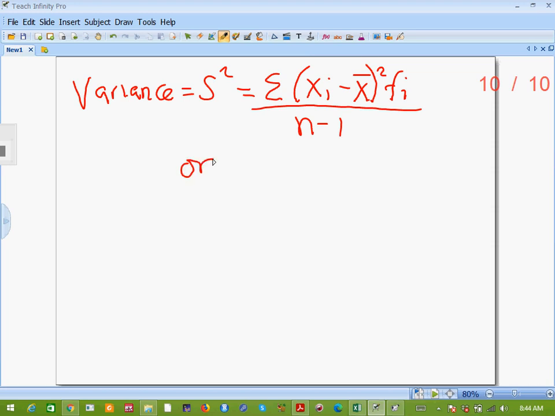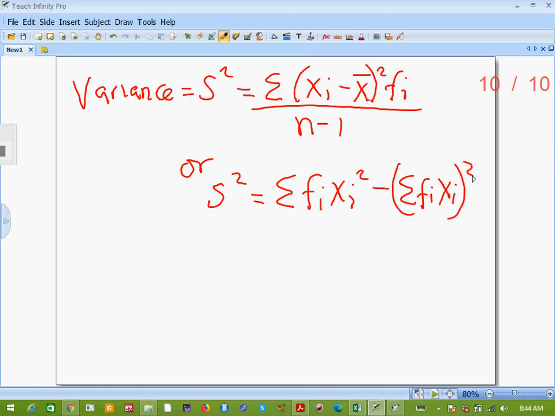Or s squared is equal to the sum of fi xi squared minus the sum of fi xi, squared over n, over n minus 1. Okay, so these are the two formulas.